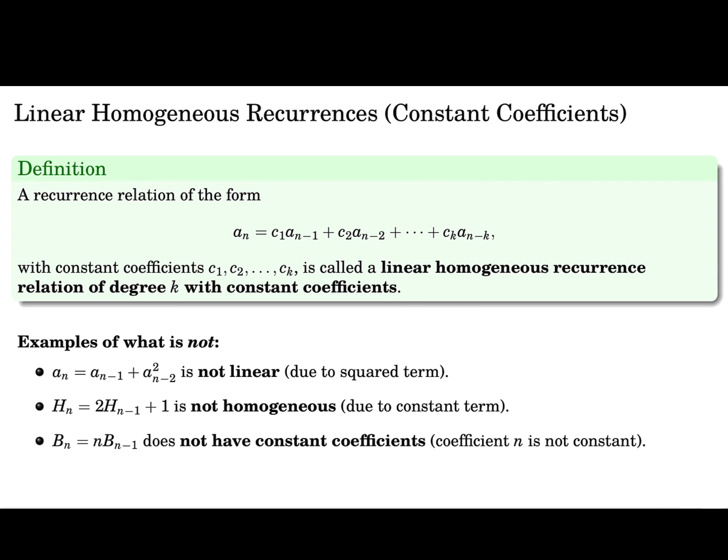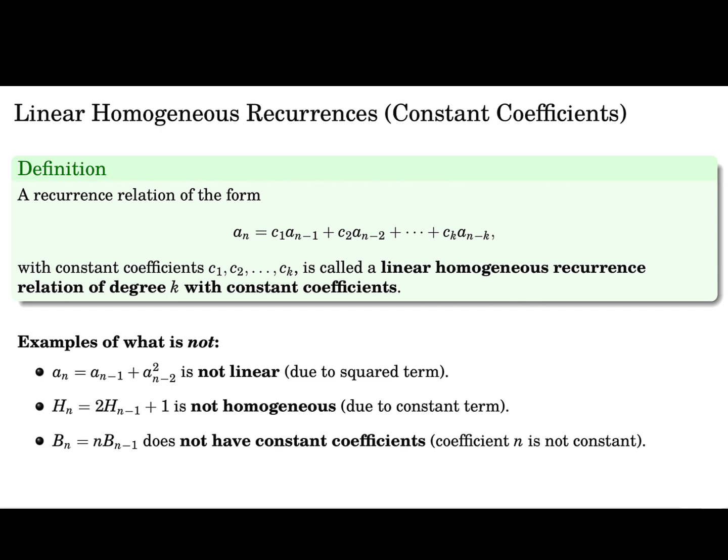Now let's see what each expression here means. The linear part means that these past terms, an minus 1, an minus 2, and so on, appear on their own. They don't appear multiplied together. As an example, if we had an equal to an minus 1 plus an minus 2 squared, this is not linear because of the square.